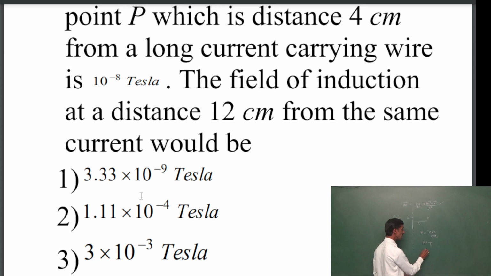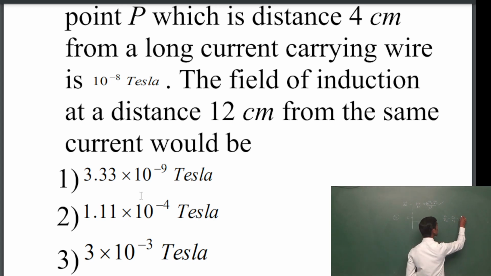Here it is given that at a distance r1 of 4 centimeter, the magnetic field is B1 equal to 10 to the power of minus 8 Tesla. If the point is at a distance 12 centimeter, what will be the magnetic field? B1 by B2 is equal to R2 by R1, as the field is inversely proportional to distance.